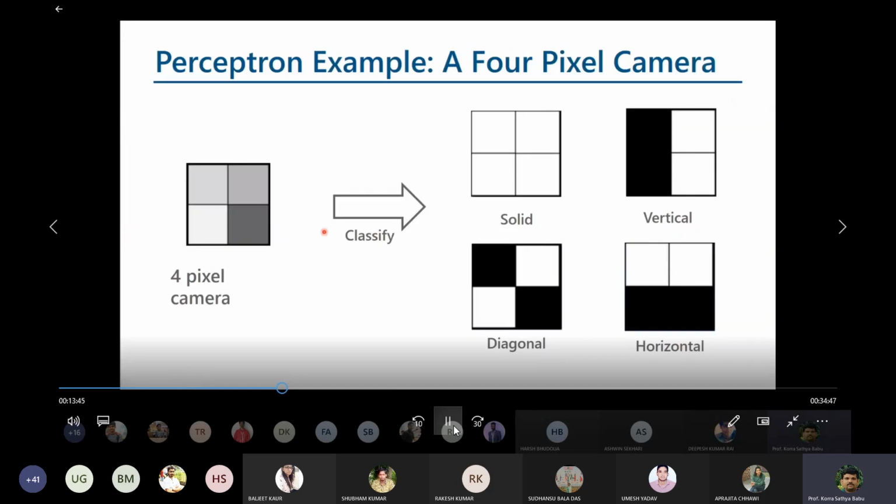Now let's understand the perceptron with an example. Assume that you have a 4-pixel camera and you are able to take a picture with it. If all four pixels are white or all are black, we take that as a solid figure. If one side is white and the other side is black, that is a vertical separation.